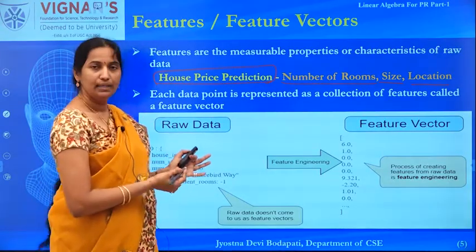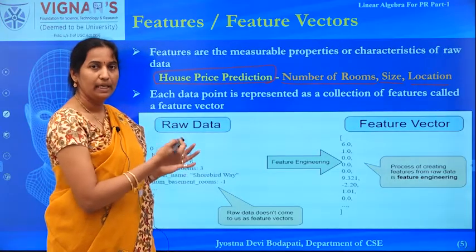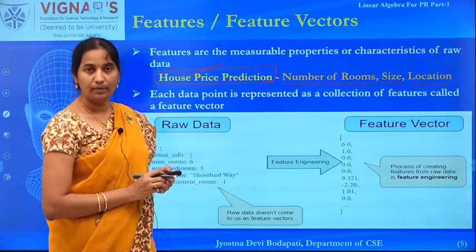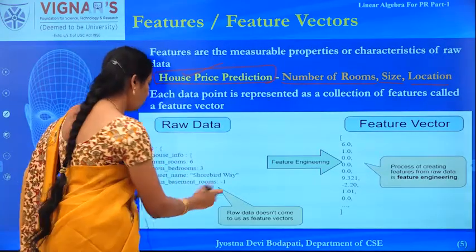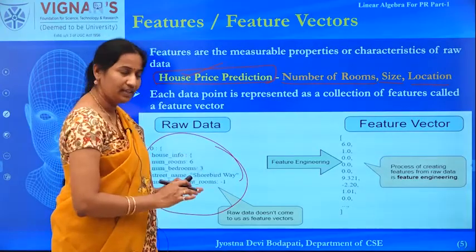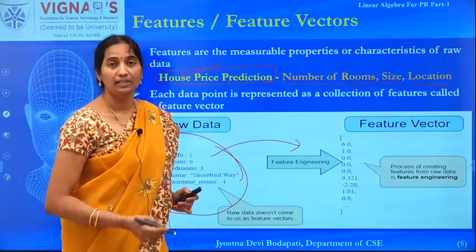Similarly, for a machine learning algorithm, say for example you want to implement this house prediction algorithm in your machine, then you need to give all these as input to your problem. But the problem here is that this cannot be given as input to the algorithm directly.